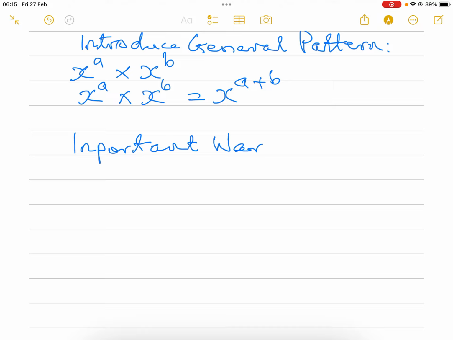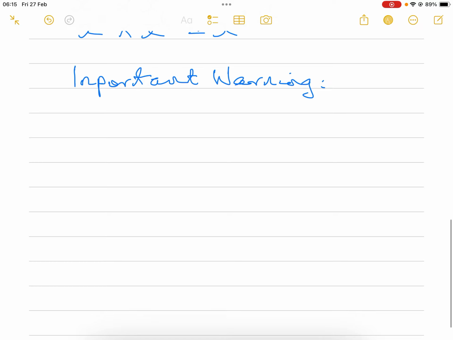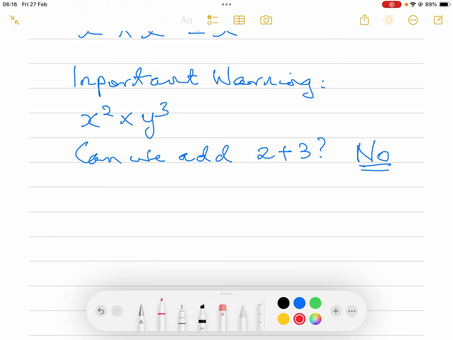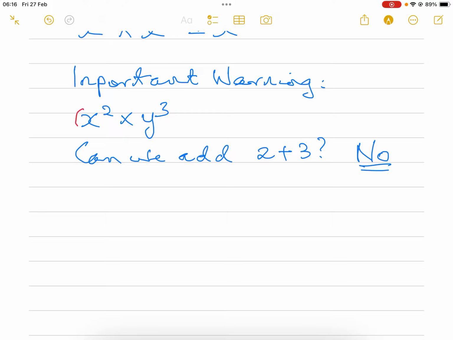There is an important warning here. When we have x raised to power 2 multiplied by y raised to power 3, can we add 2 plus 3? No, because the bases are different.